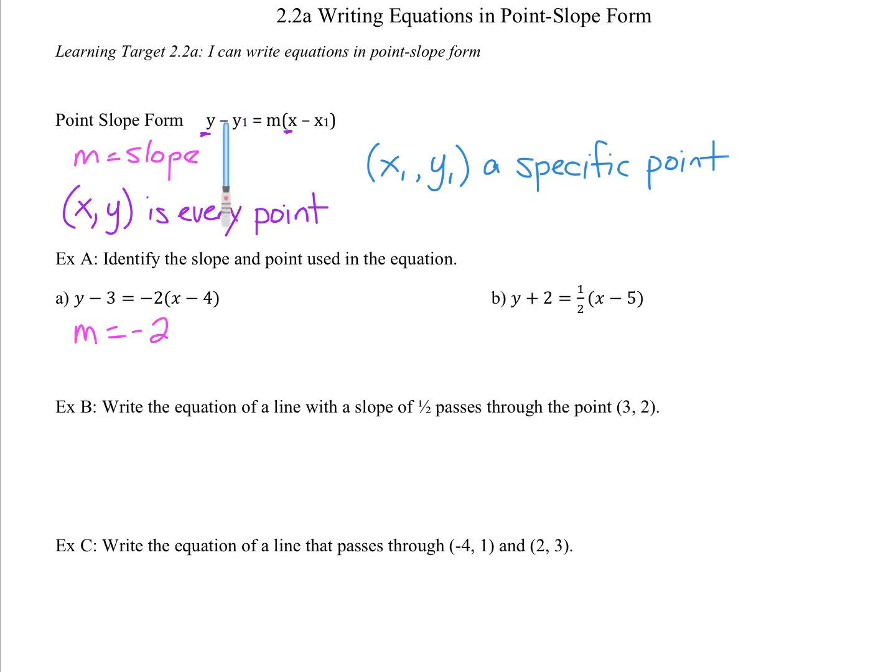Because this is on the other side of the equation, and because this is in parentheses, it's actually moving it up, whatever the y1 is, and to the right, whatever the x1 is. So they're always opposite of what you think. So let's go back up here and put opposite of the equation.